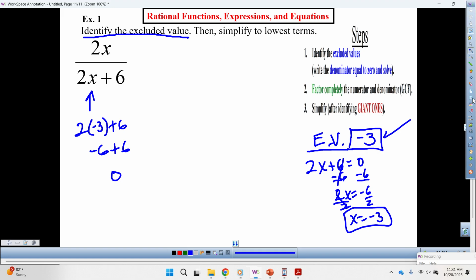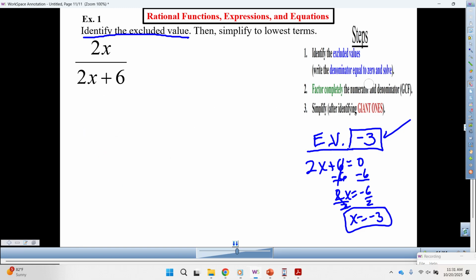Yes, Scarlett? Right. Yes, but we need to set it equal to 0 because these denominators are going to get a little bit more elaborate. All right. With that said, from 1 to 5, how comfortable are you with excluded value? Where are we at? So we just take the denominator, set it equal to 0, and solve.